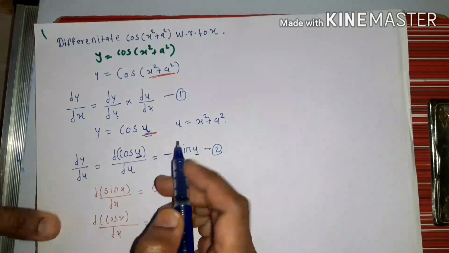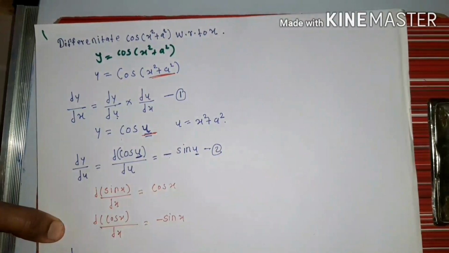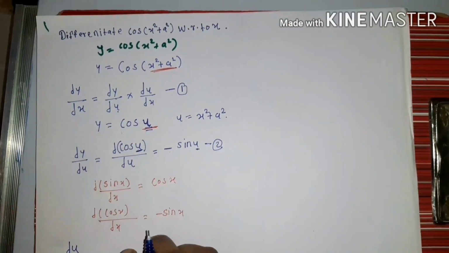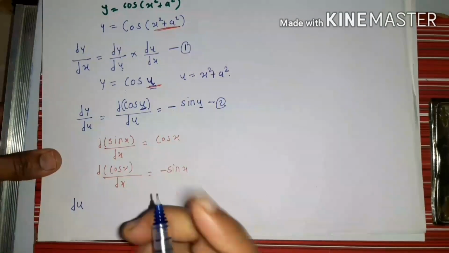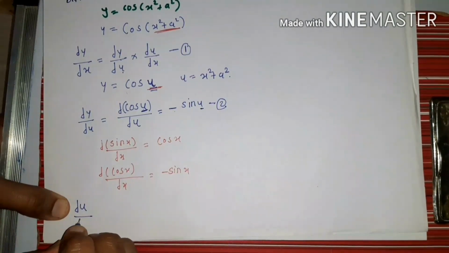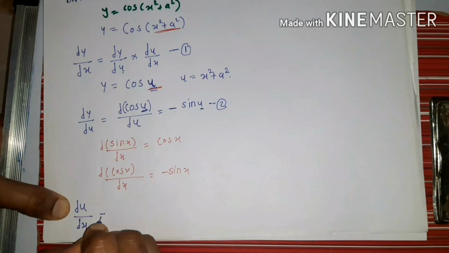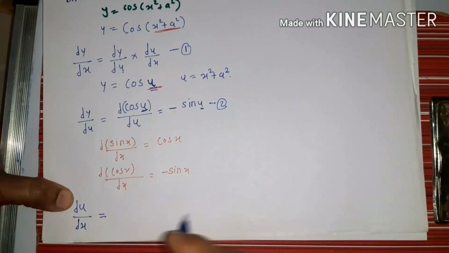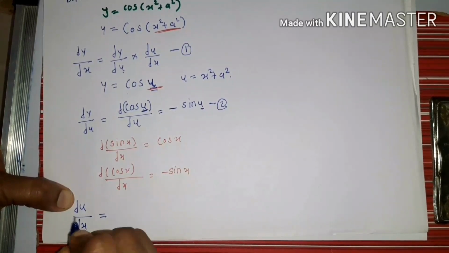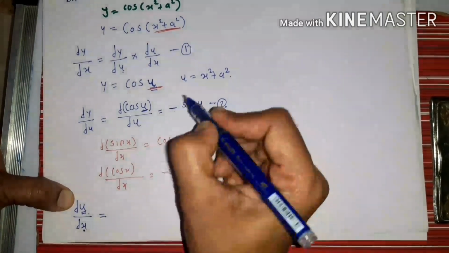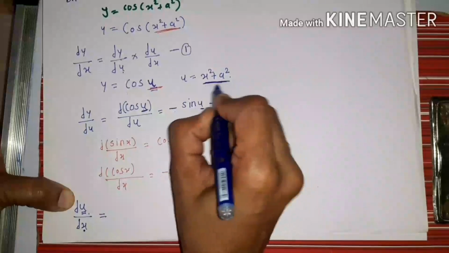Now in this formula we have dy by du. Now find out du by dx, that is differentiation of u with respect to x. And what is the u function? Here the u function is x square plus a square.